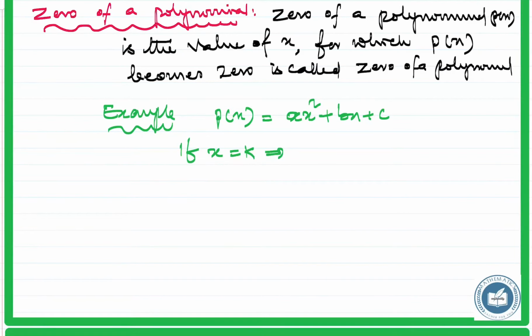If you substitute x is equal to k, then p of k equals a k square plus b times k plus c.